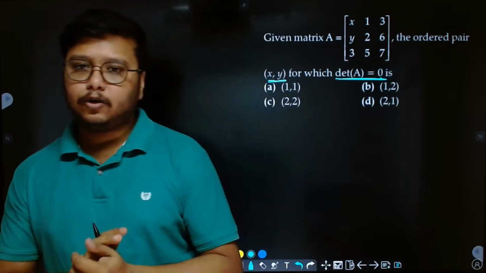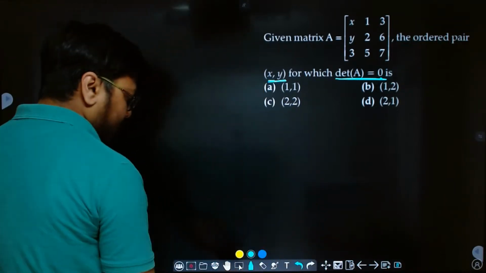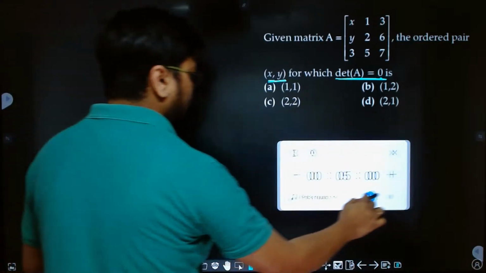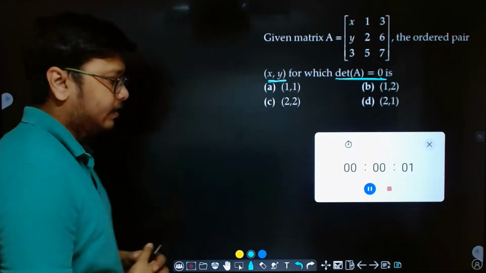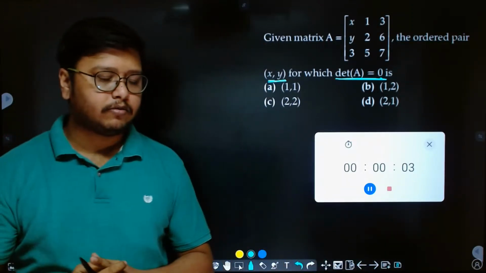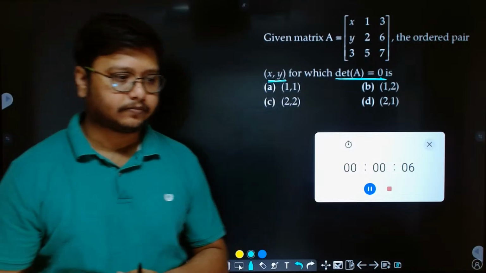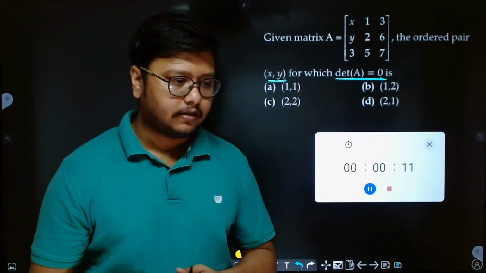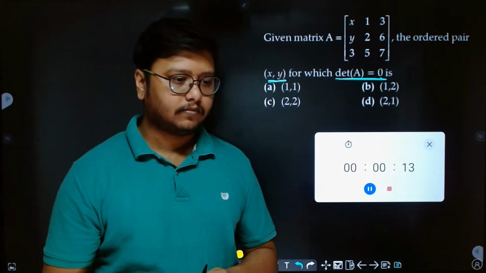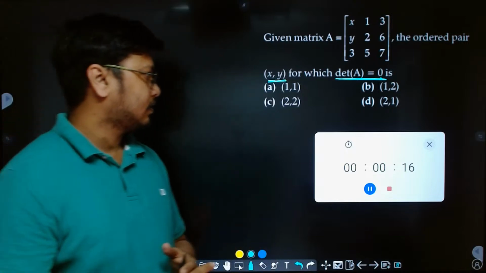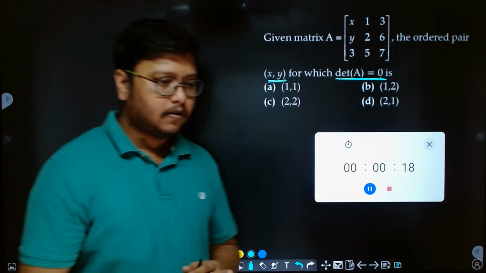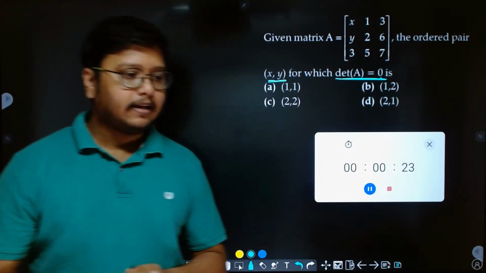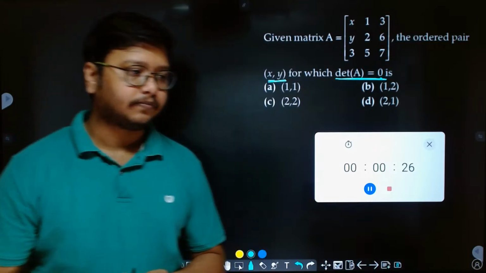It shouldn't take more than 2 minutes. Okay, let's put 2 minutes in the clock. Okay, 2 minutes timer. Let's see who can get the answer in 2 minutes. Okay, so I have got one answer as option B. Let's wait for a few more answers.